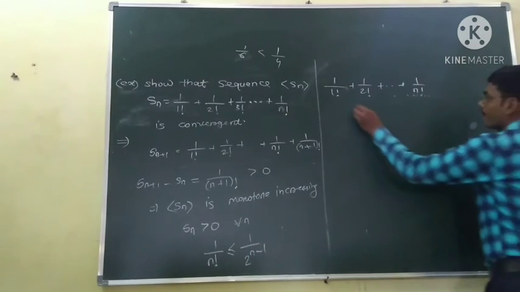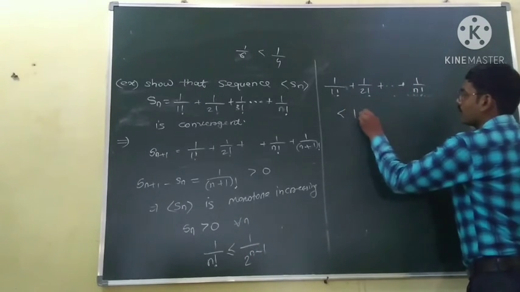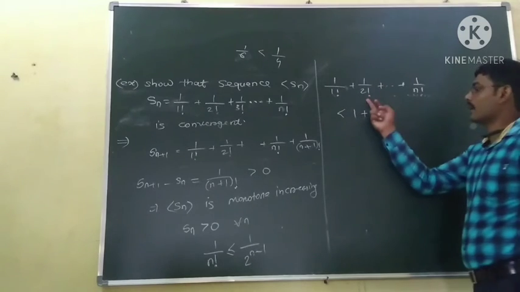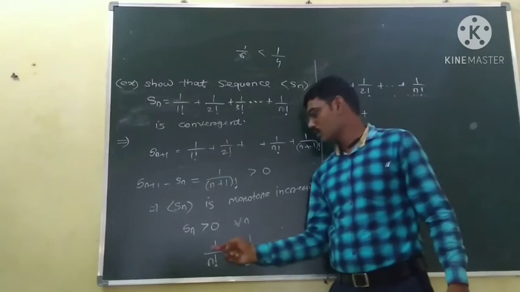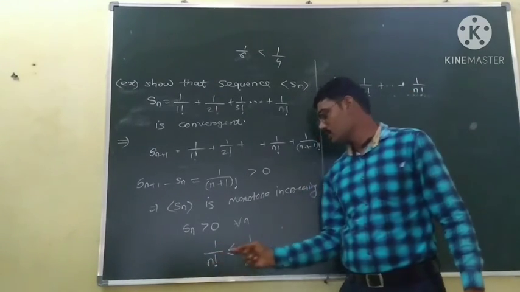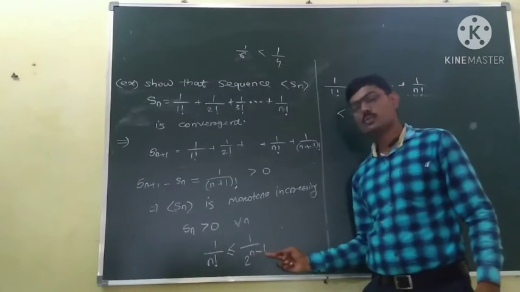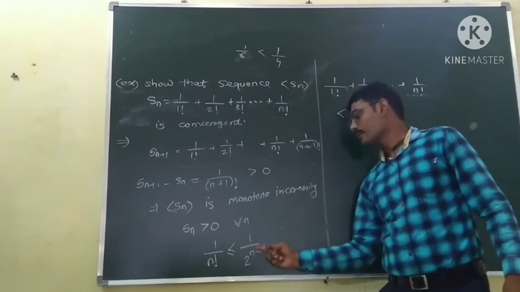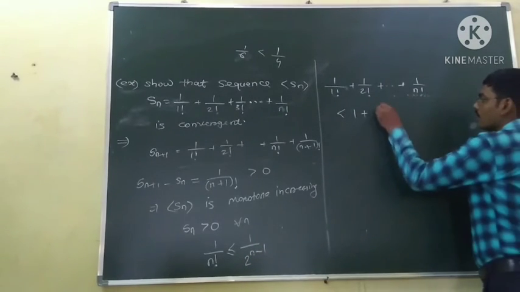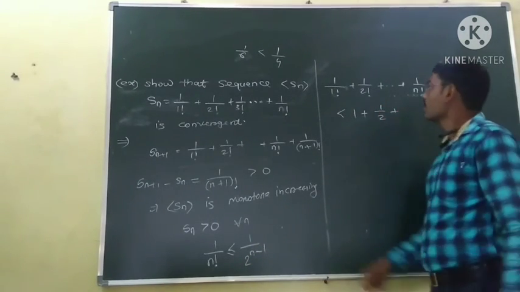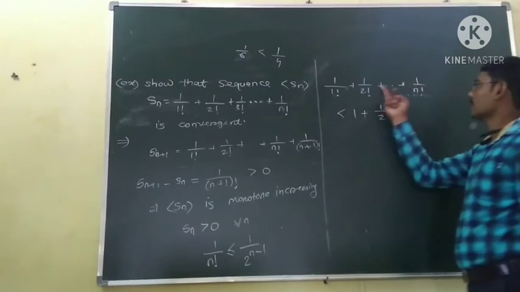This is less than or equal to 1 plus 1 upon 2 factorial. Here 1 by 2 is less than or equal to 1 upon 2 raised to power 2 minus 1, and 2 minus 1 is 1, so 1 upon 2 raised to power 1. So 1 by 2, plus 1 by 3 factorial.